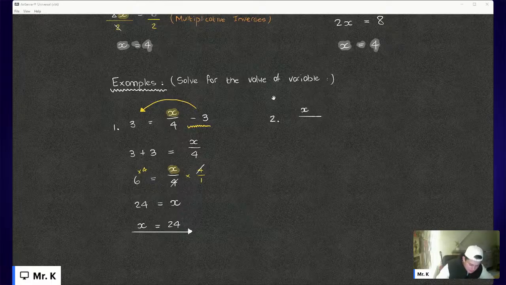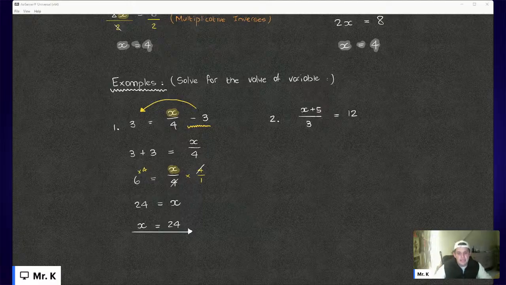If I have something like x plus 5 being divided by 3, and this is all equal to 12, what is the process that I want to follow? Now, remember, you need to make sure that you are comfortable with finding the current obstacle that you're facing, right?